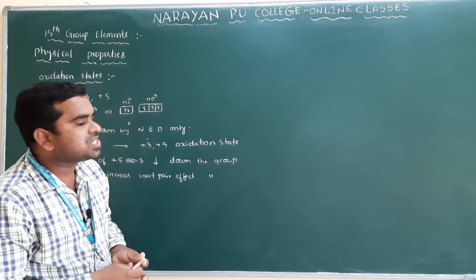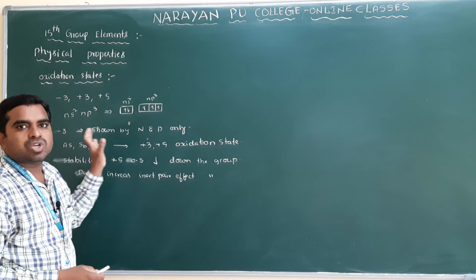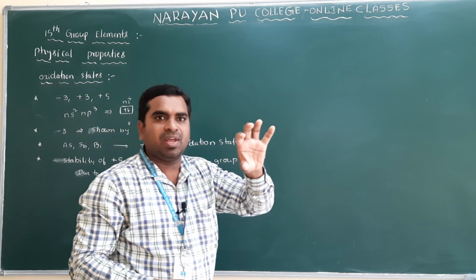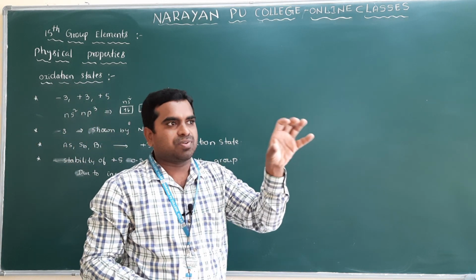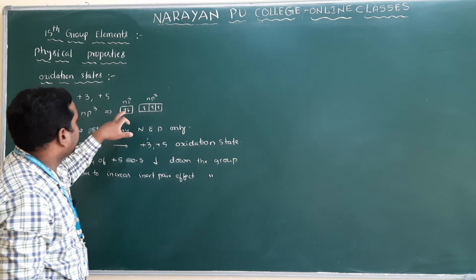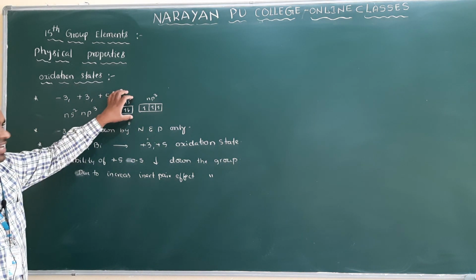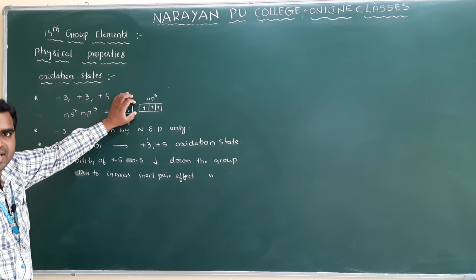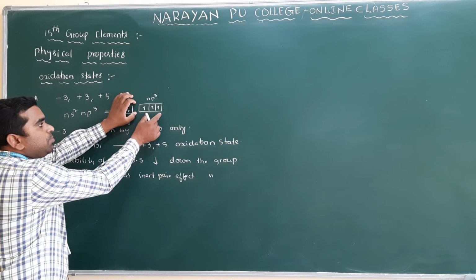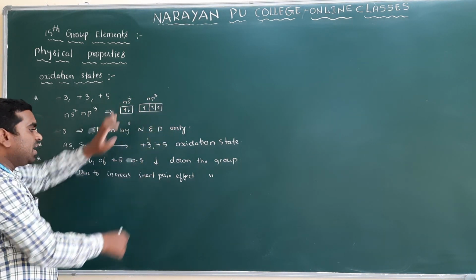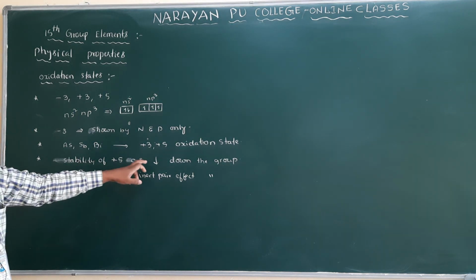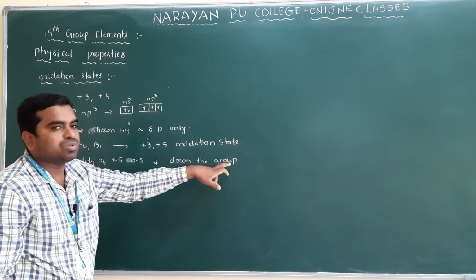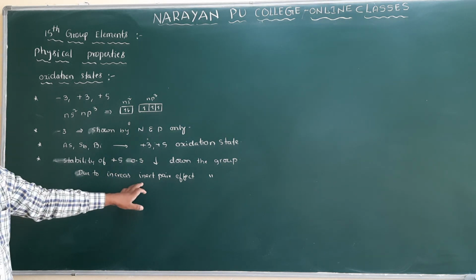When they show the poor shielding effect, the nuclear force on the outermost electrons will be very, very high. So the nucleus holds these s electrons very tightly, which means we cannot remove these s electrons. So how many electrons can be removed here? 3 only. So the stability of the +5 oxidation state decreases down the group because of the increasing inert pair effect.